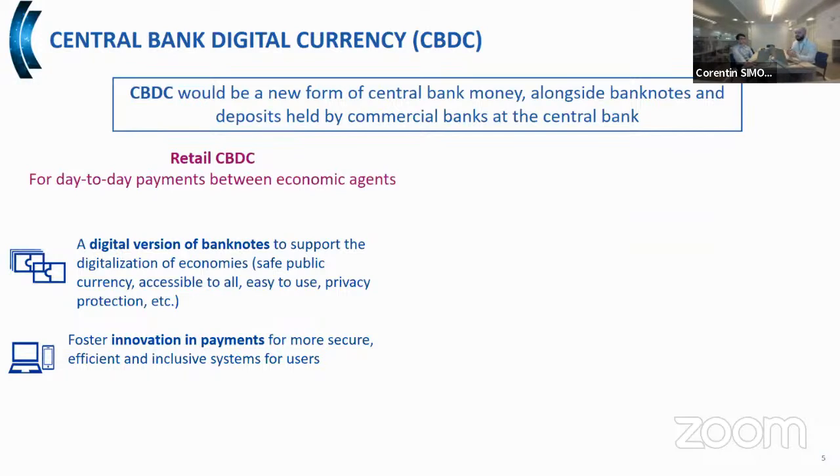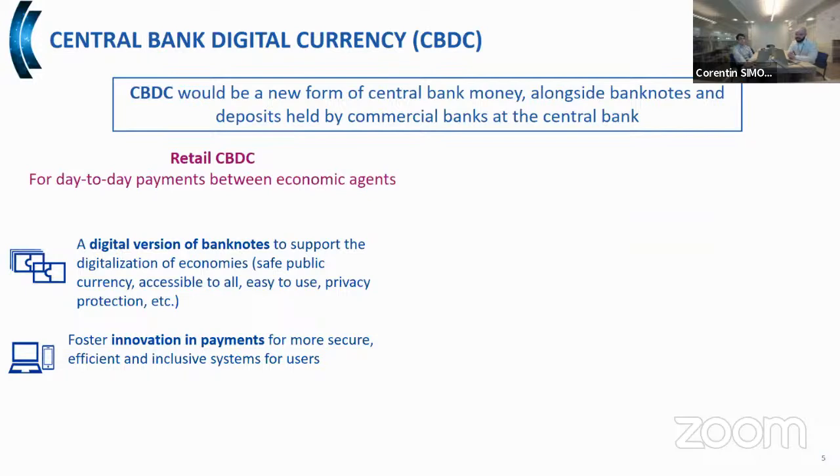Because currently we don't really have a digital version of retail central bank money. We have one version for commercial bank money with bank accounts, but not for the money that is issued by the central bank. So it's an important point, having in mind that it's the only direct link from the central bank to the public.